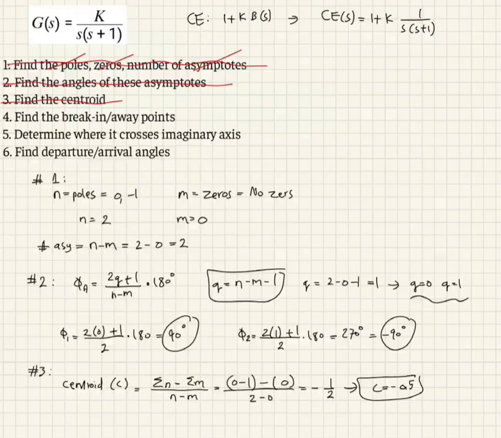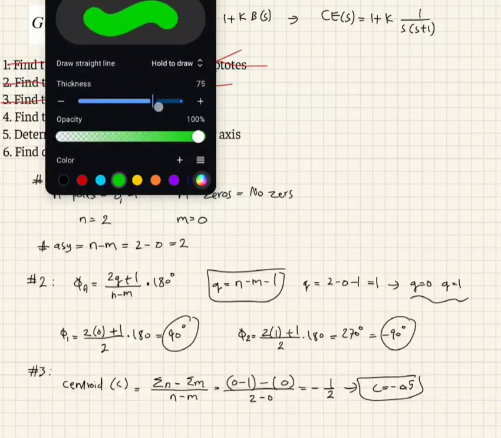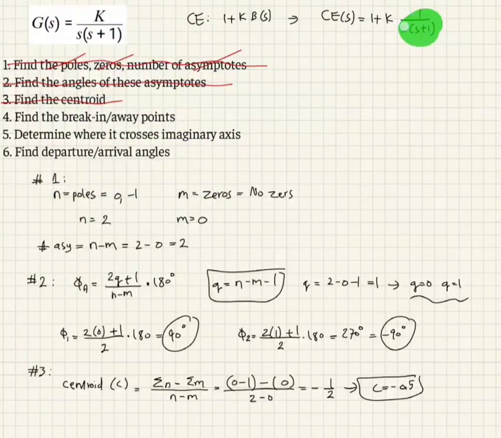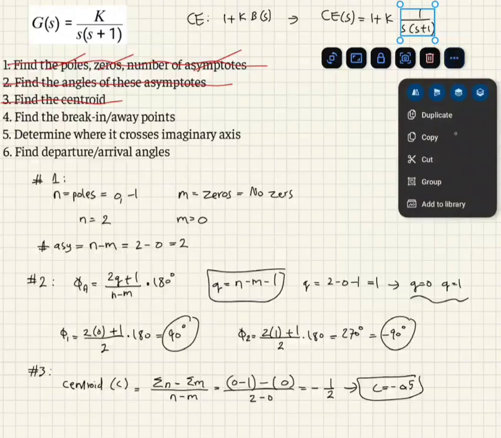Apologies. So we just have to find the derivative of this term with respect to S. That's it, okay? That's all you have to do in order to get the breakaway points.